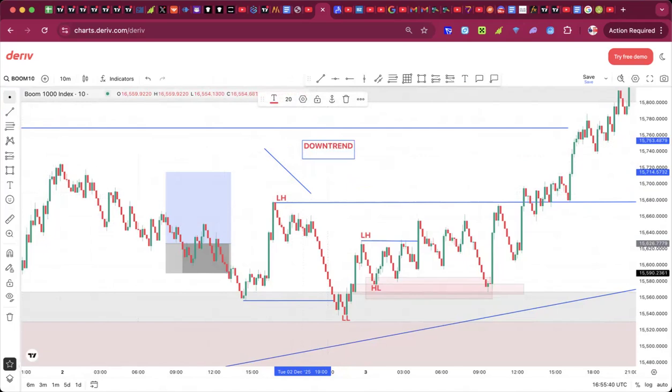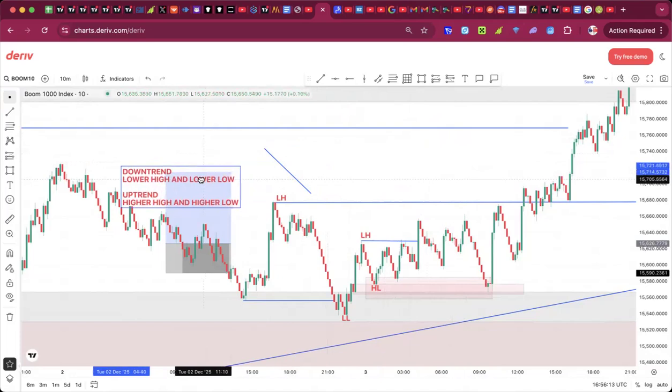Downtrend is lower high and lower low, while uptrend is higher high and higher low. I hope you're learning.